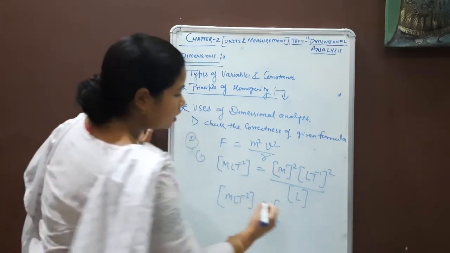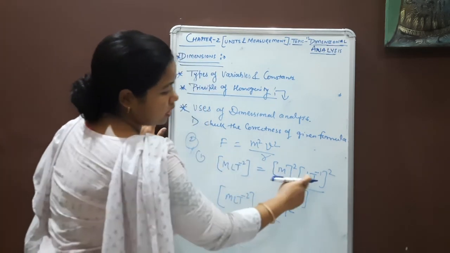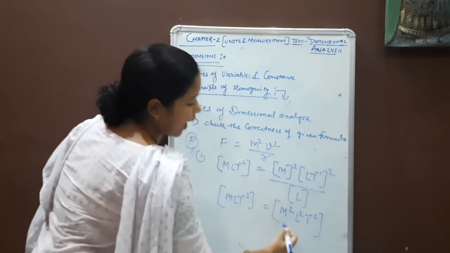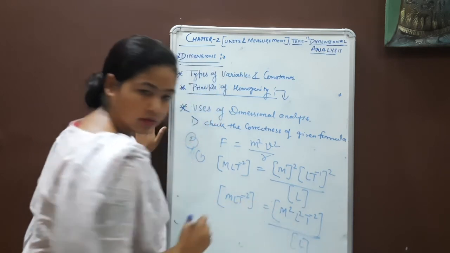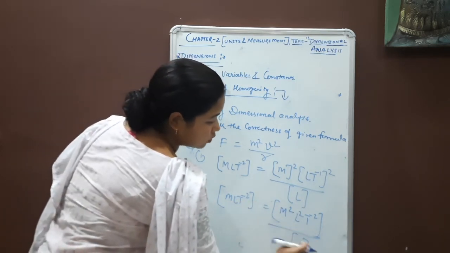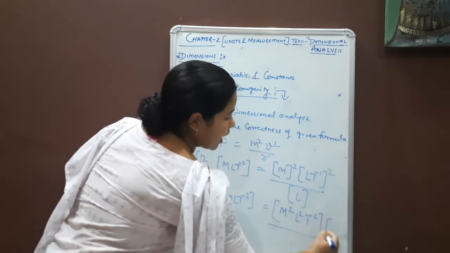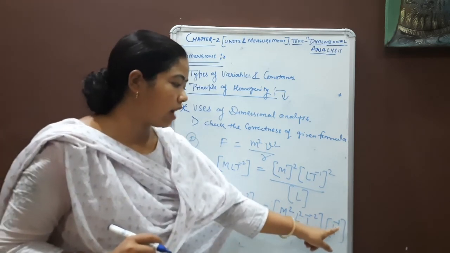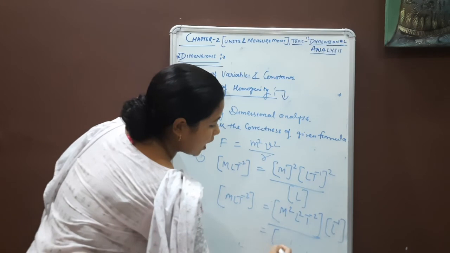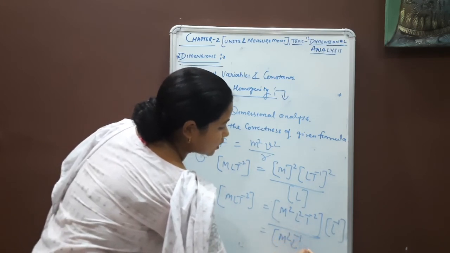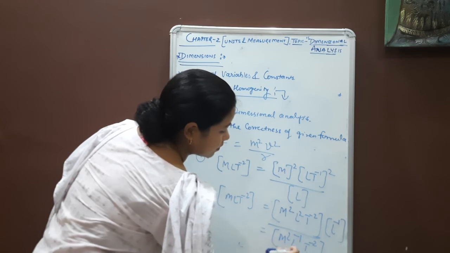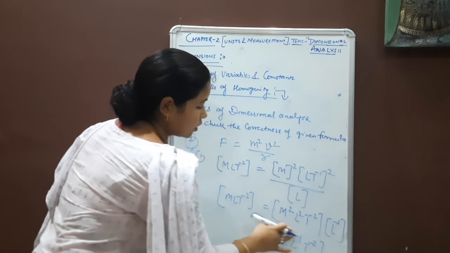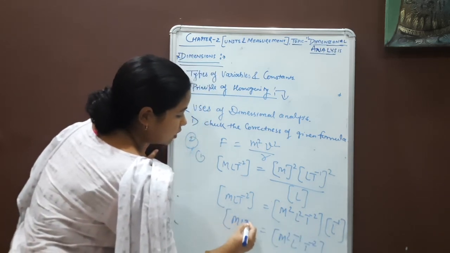So we write M^2, and L^2T^-2, the multiplication of this square into the bracket, and this we have L. When we move this L to the denominator, we write L^-1. So here we have 2 power of L, and here minus 1. So we write M^2 L^1 T^-2. This is the dimension of the right side after calculating, and the left side will be MLT^-2.